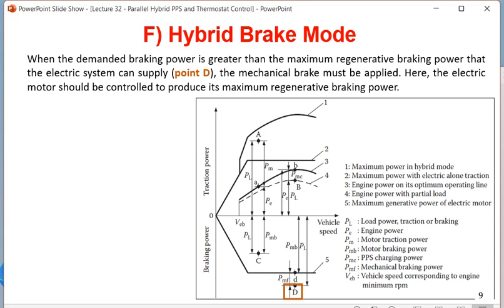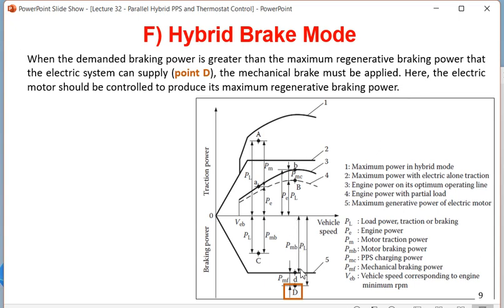Point D corresponds to mode F. Whenever the braking power demanded by the vehicle is greater than 5, which is up to this point, the maximum electrical power that can be generated is reached, but more brake power than that is demanded. In that case electrical braking alone cannot supply the total brake power.